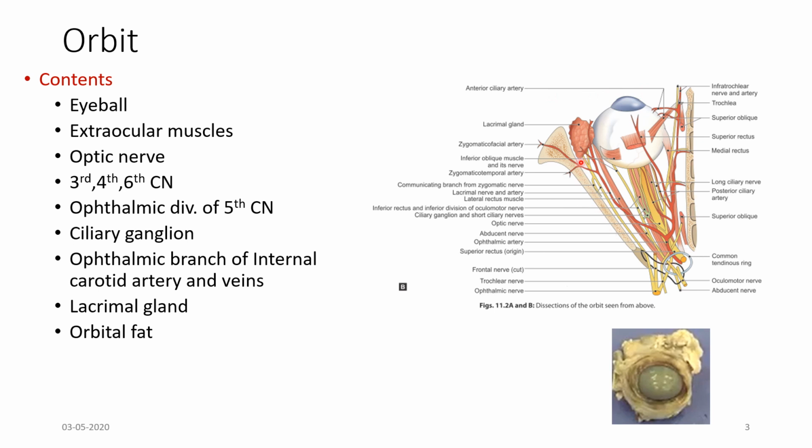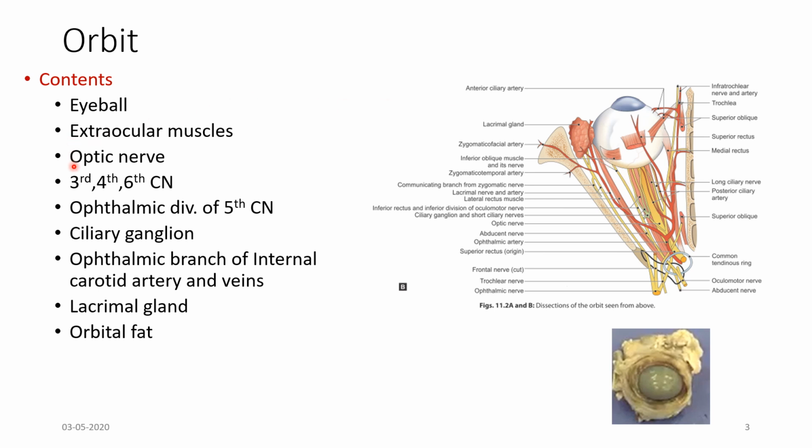And in the bony orbit, the contents are this eyeball with extraocular muscles, the optic nerve, and you are seeing a bunch of nerves around it. They are the third, fourth, sixth cranial nerves.